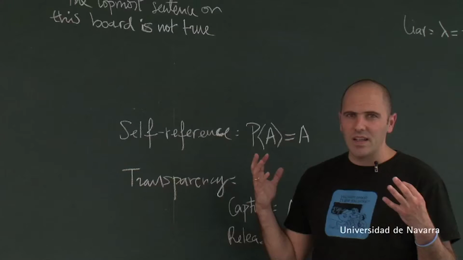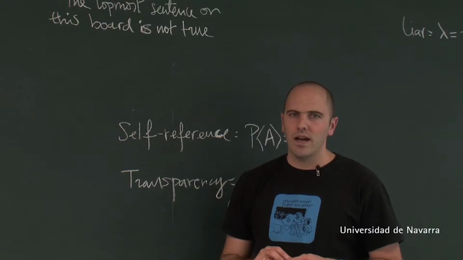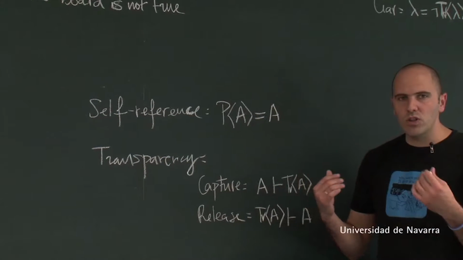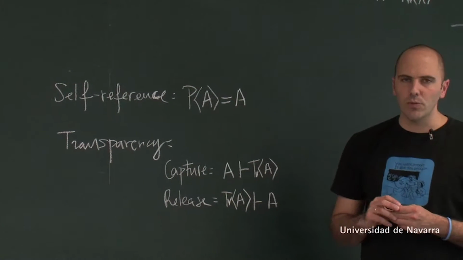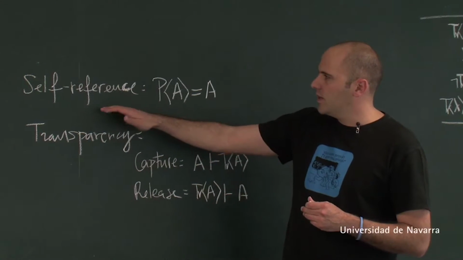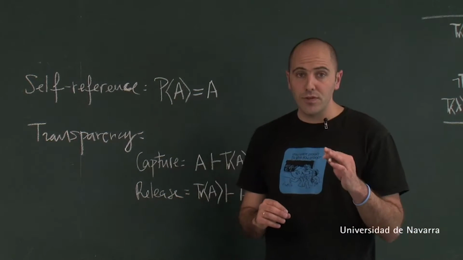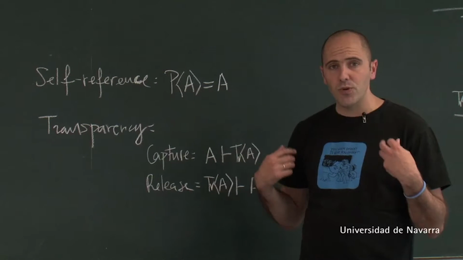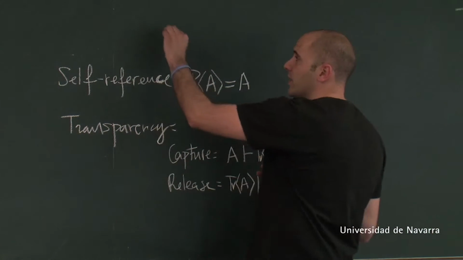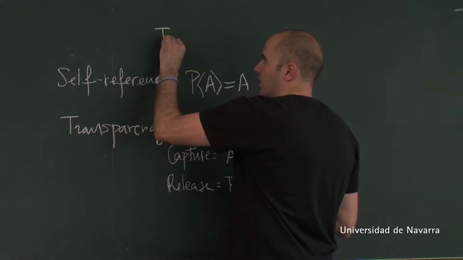Now, let's take it from a more formal perspective, right? So let's see what ingredients we need to form the paradox. And some of the key ingredients are, in the first place, self-reference. So in order to express the liar sentence, of course, we need a truth predicate, right?